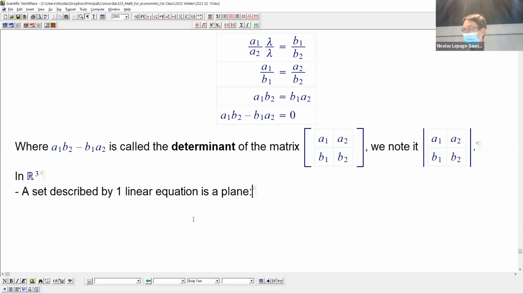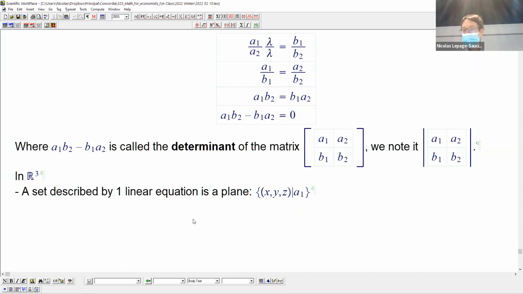So you would write it this way, for instance. So now it's a tuple of 3. So let's say it's x, y, z, such that, for instance, and then let's have just general coefficients.